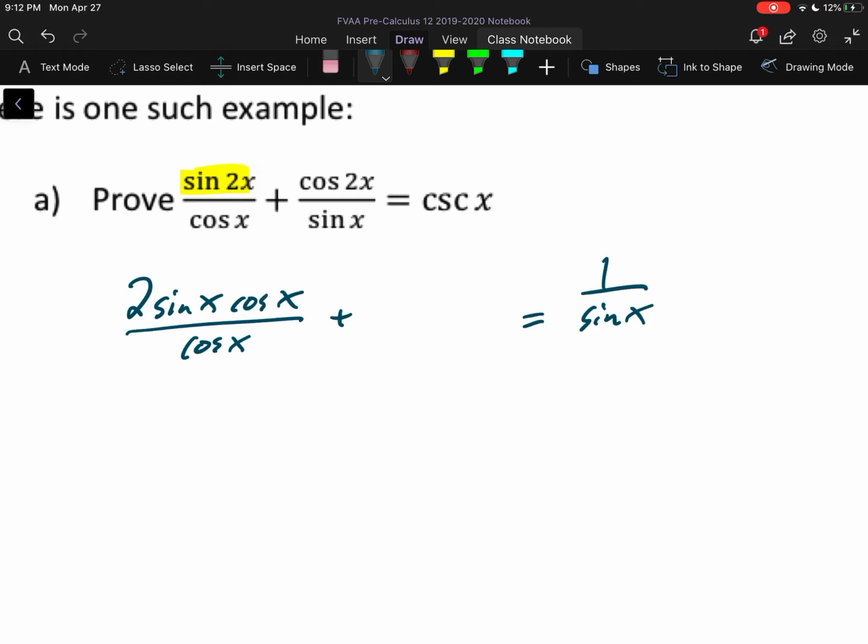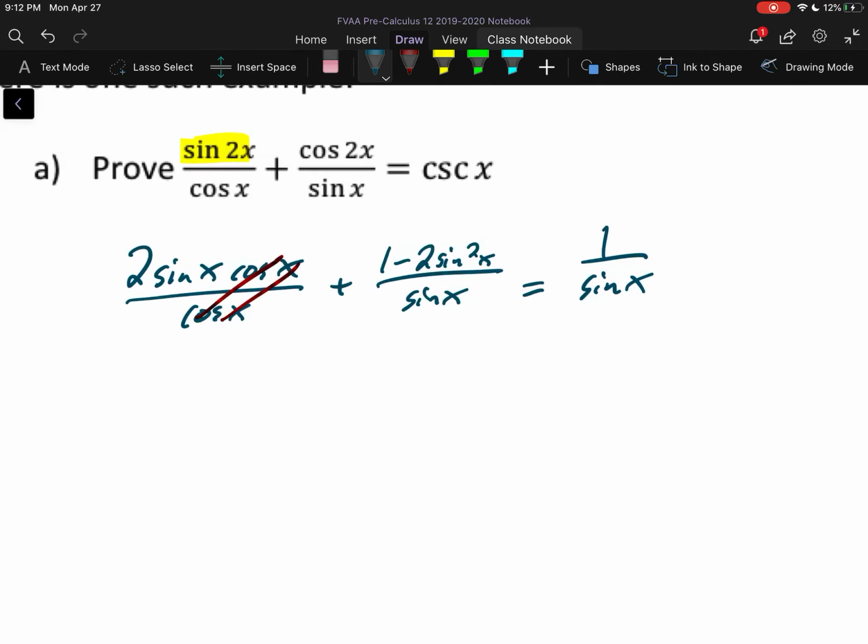Because I need to end up with sine, on the left side here, my cos is going to cancel out, so I'm going to be left with sine. So I'm going to go with the sine identity of cos 2x, which is 1 minus 2 sine squared x, over sine x.